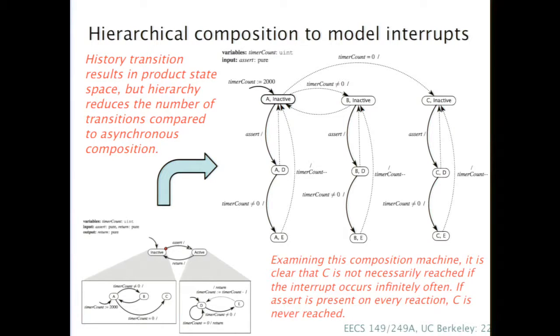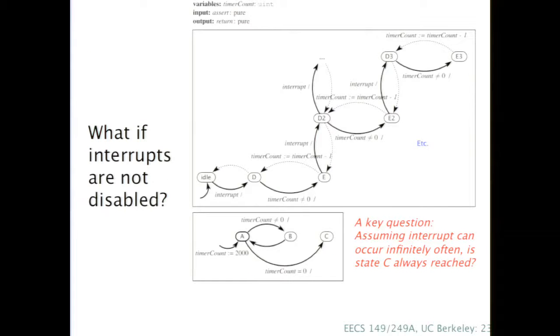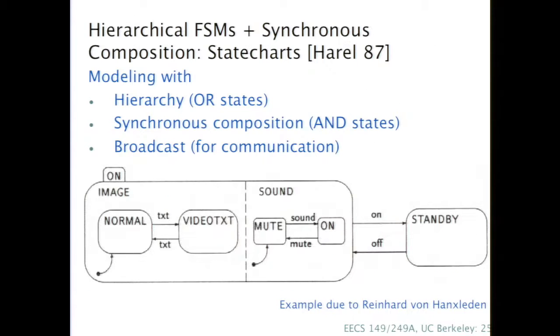Okay. All right. Let me close this discussion, and then I really want time to talk about the projects, but I wanted to give you a little snippet of the notation that Harel introduced in '87. So this is a Harel-style state machine, and it has, at the top level, two states, on and standby.